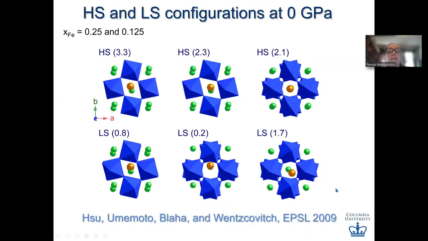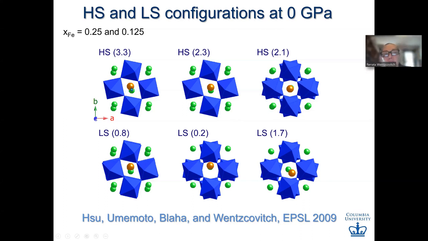So what is actually going on? Is there an intermediate spin state here? The answer is no. And here is what we actually found. Let's look for these intermediate spin, low spin, and high spin states, right? When you look for states, what does it mean?